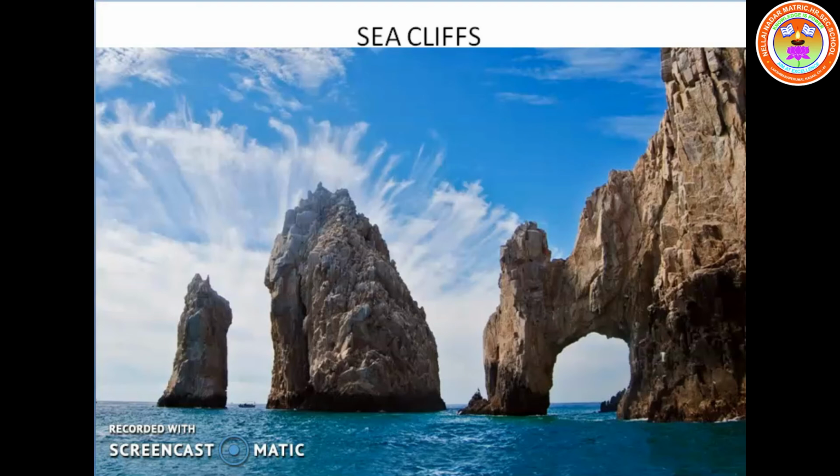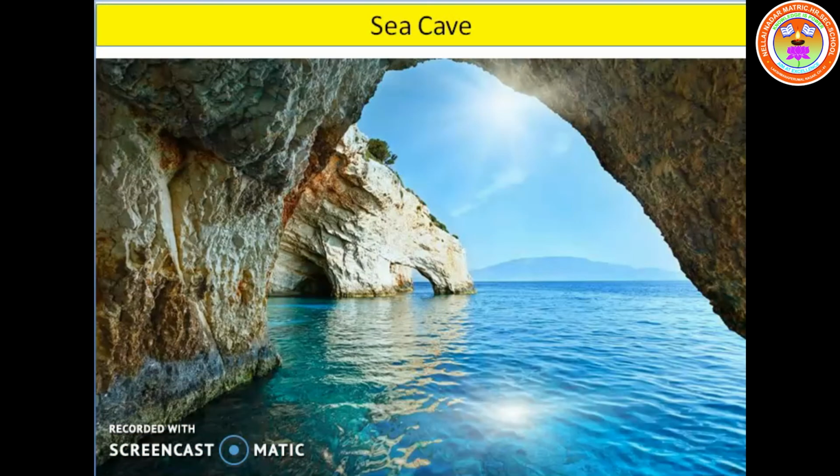Sea cliffs are steep rock faces formed when the sea waves dash against them. The rocks get eroded to form steep vertical walls. Second one, the sea cave.